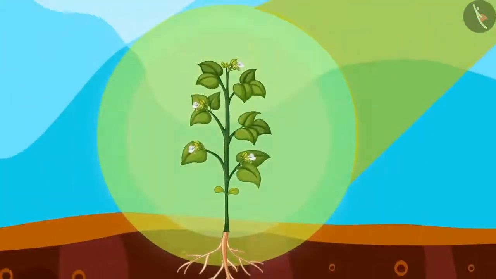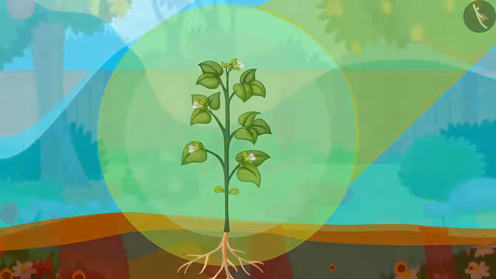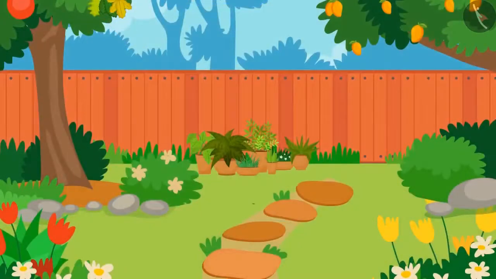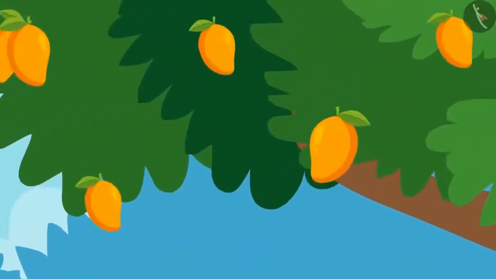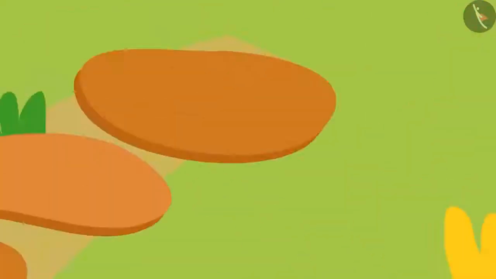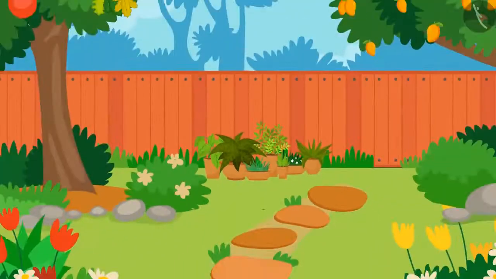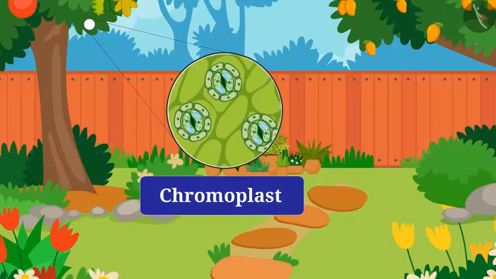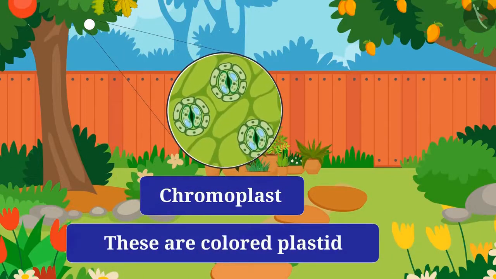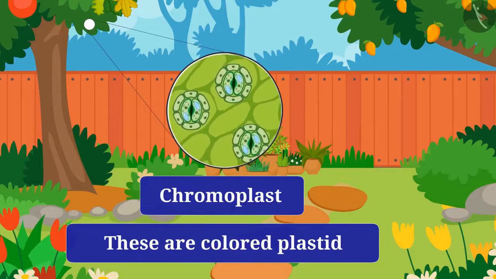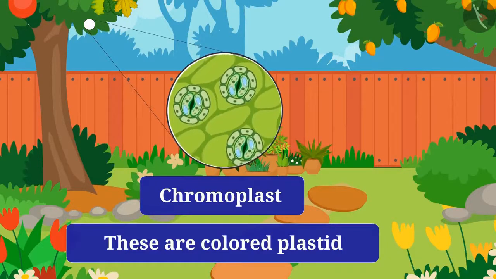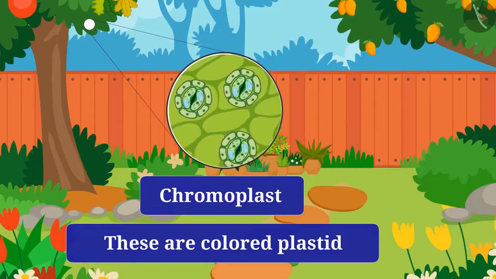Now we will know about chromoplast. Friends, have you ever thought why leaves, fruits, and flowers of a plant are of different colors? Well, because of this chromoplast. They are colored plastids, and they provide different colors in leaves, flowers, and fruits.